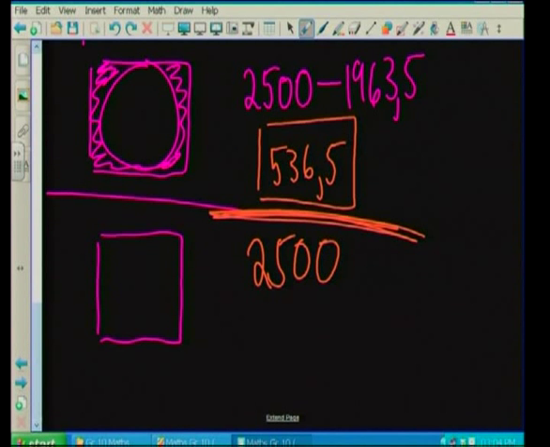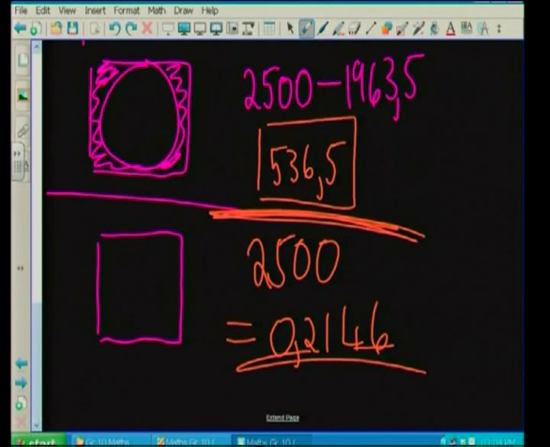Right, so I'm quickly going to do that little division sum, and that gives me an answer of 0,2146, roughly rounded off. So very interesting how we can bring the probability in with all sorts of shapes and things. Right.